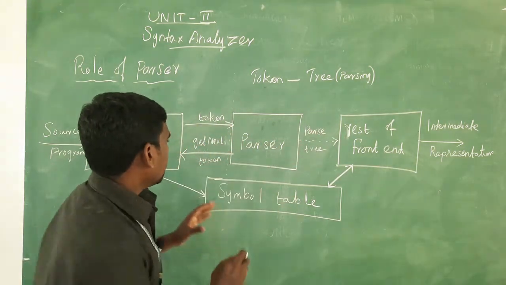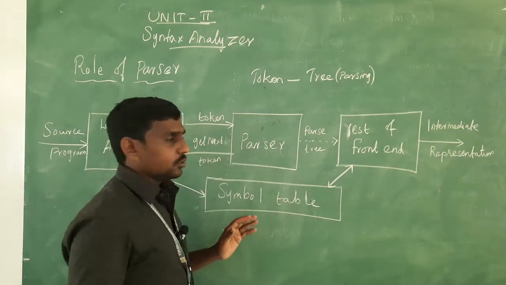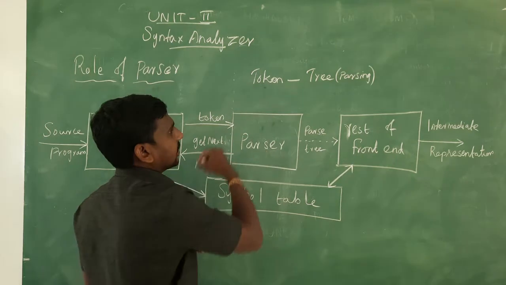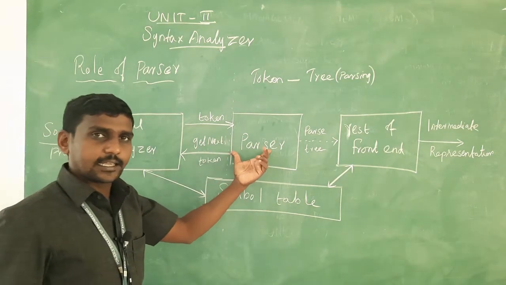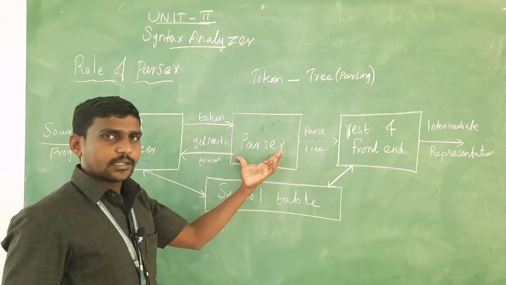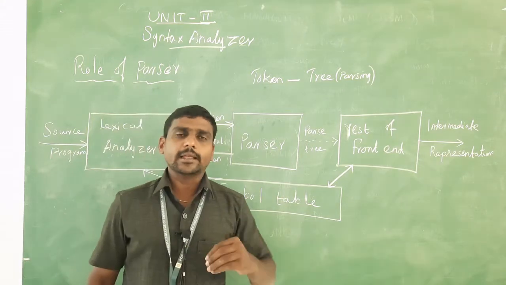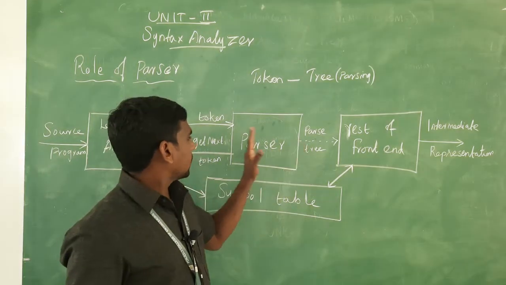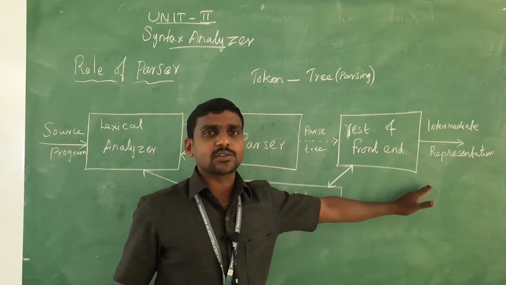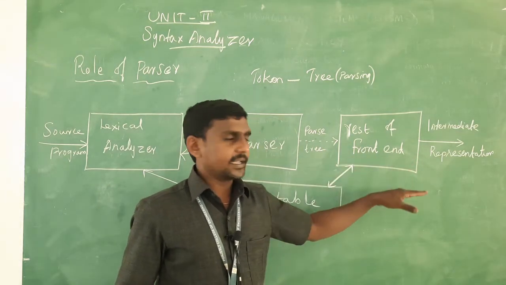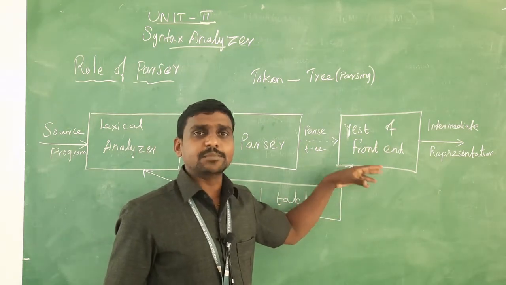How it converts tokens into a parse tree is by using a parser or syntax analyzer algorithm. This is the second phase of the compiler. It also has an extra role: it converts tokens into a parse tree and gives it to the next phase of the compiler, that is the semantic analyzer, which performs type checking.